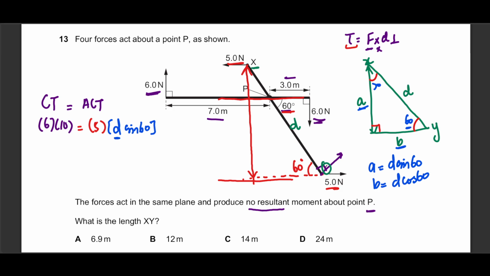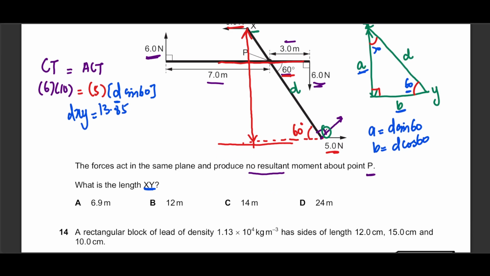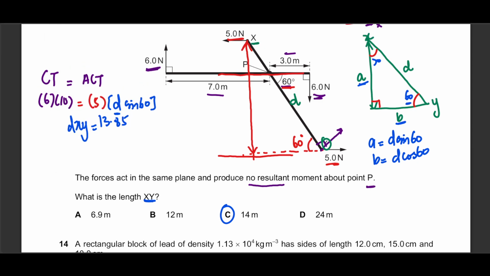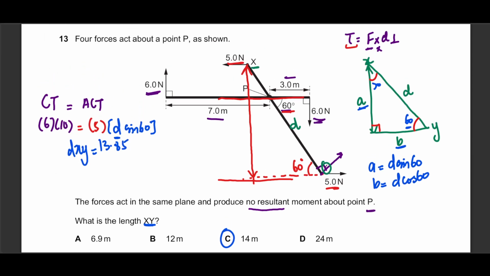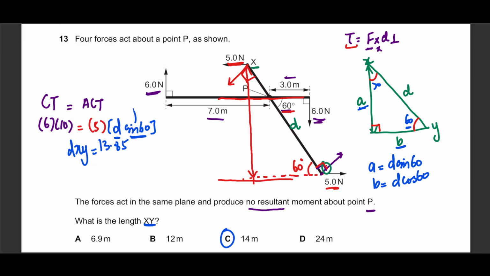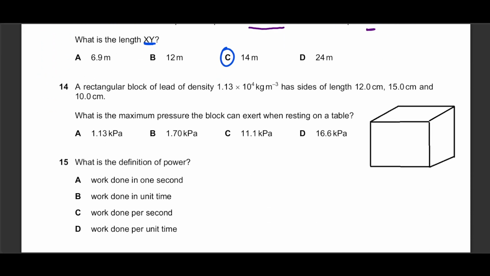And this is D, the length xy that they're looking for. Now, when you solve this, you will find out that the distance xy comes out as 13.85, which is definitely going to be option C, up to 2 significant figures. Again, I remind you, you can use the components of forces to make it with the angle of 90 degrees with the distance. Then the cos 60, the sine 60 component will come with the force. It's not with the distance. That's the only difference. Your choice.